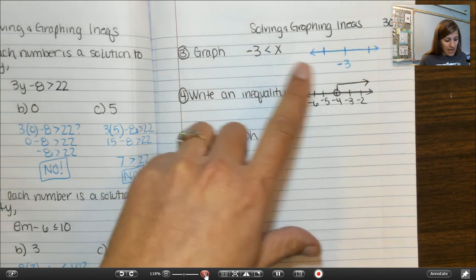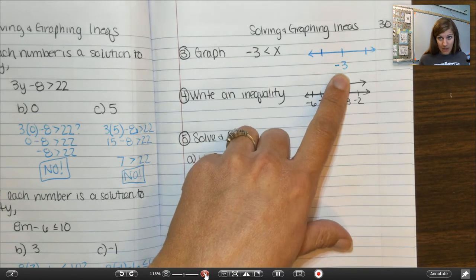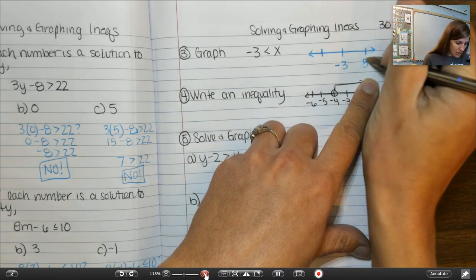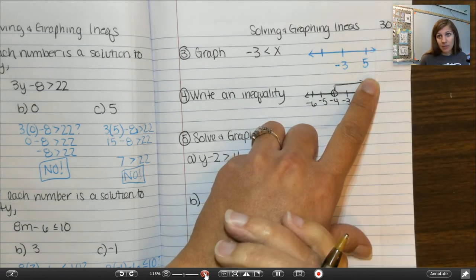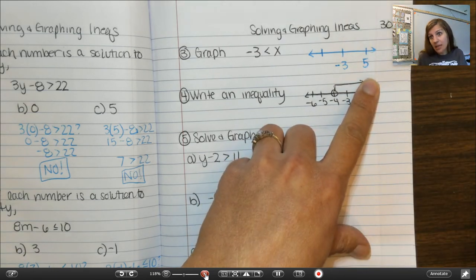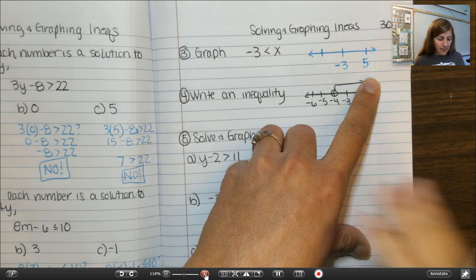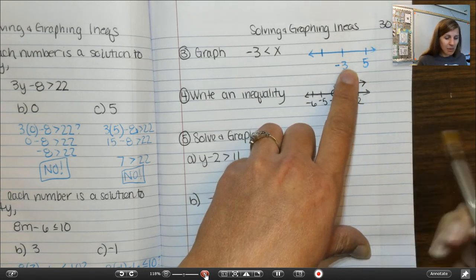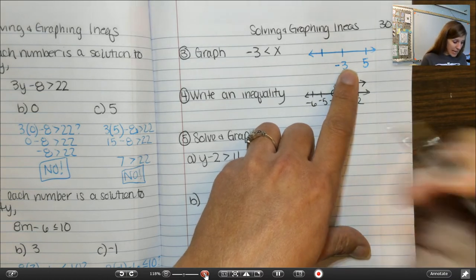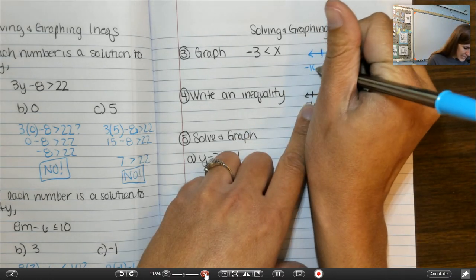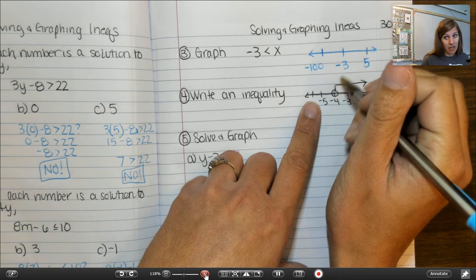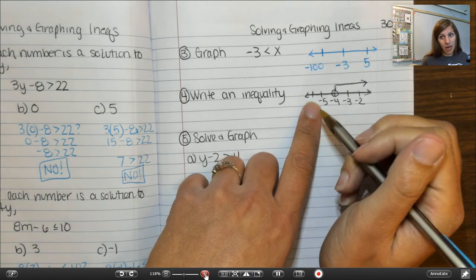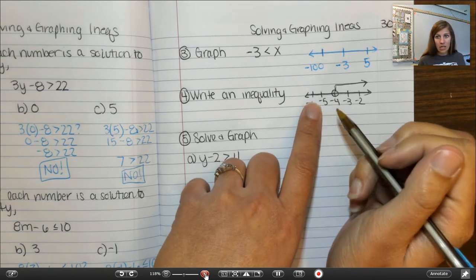So a number that definitely comes after negative 3 is something like 5, because positive numbers are always bigger. And you can just put negative 2 because that directly comes after it, but I just like to be goofy and pick weird numbers. A number that is definitely before negative 3 would be like negative 100. That's so much smaller than negative 3, so definitely. And again, you could just put negative 4, but I like to pick fun, goofy numbers.